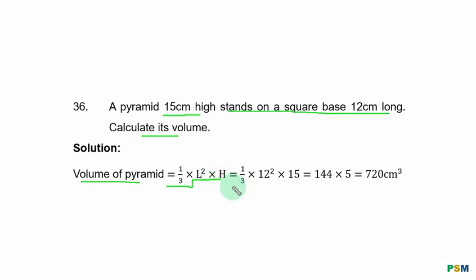That is 1 over 3 times 12 square times 15. 12 square is equal to 144. Divide 15 by 3 you have 5. When you multiply, you have 720 cubic centimeters.